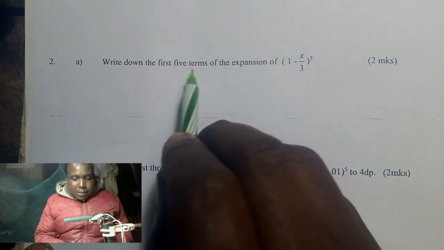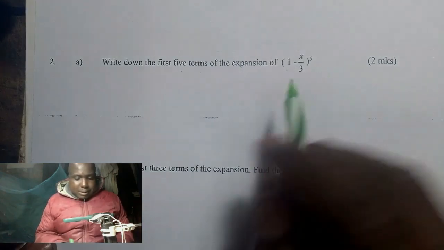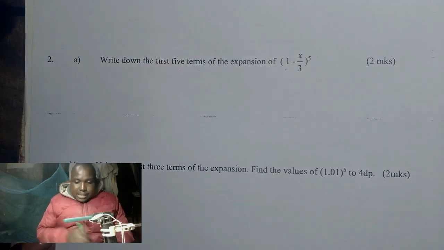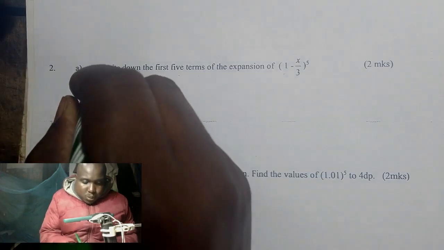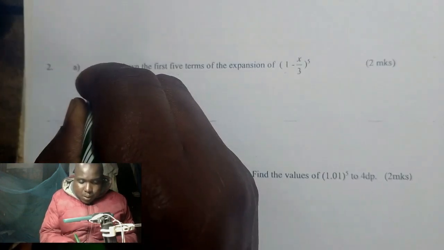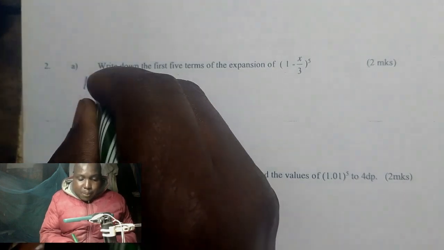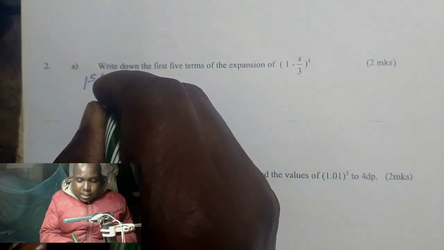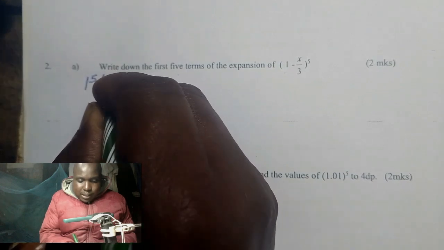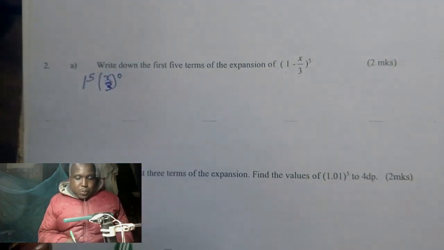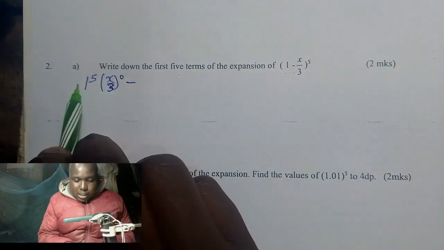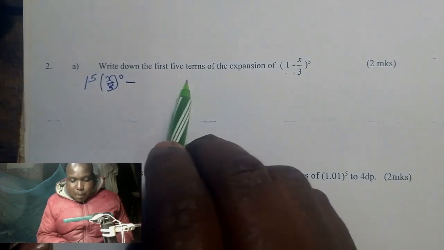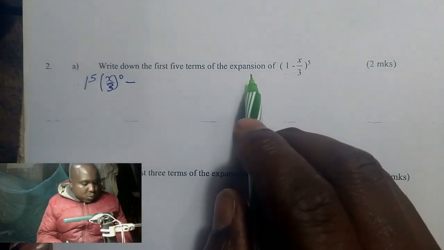Write down the first 5 terms of an expansion. Let us expand this one. You start with the first term, so it's going to be 1 raised to power 5. Then the second term, you open bracket, x over 3 raised to power 0. Because it is subtraction, we start with positive, minus, positive, minus, positive, minus as it moves on.